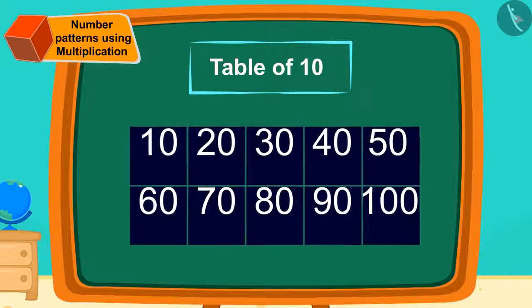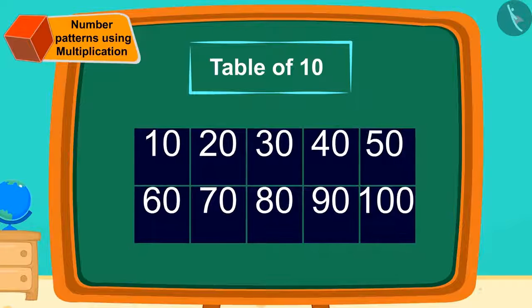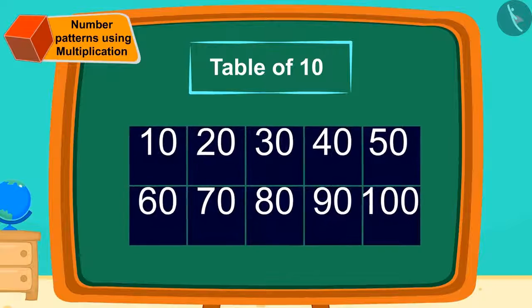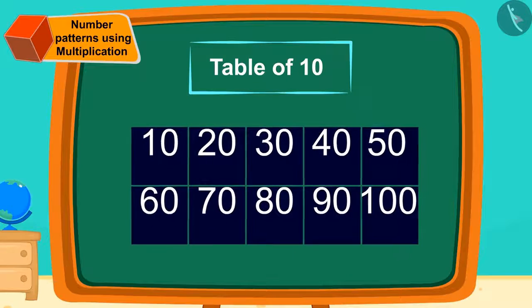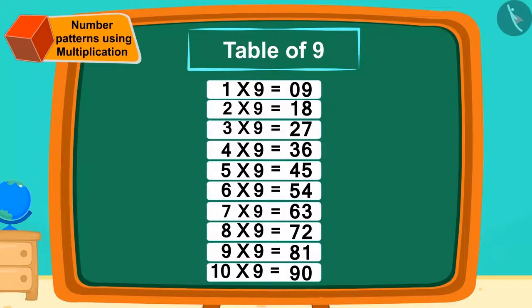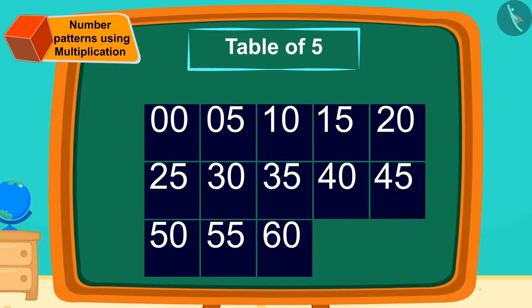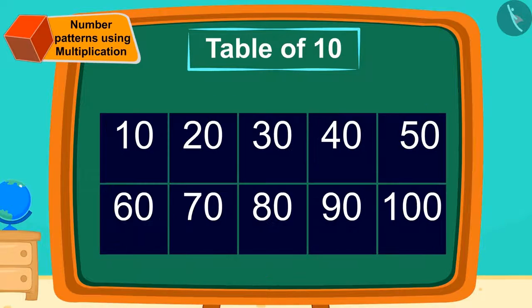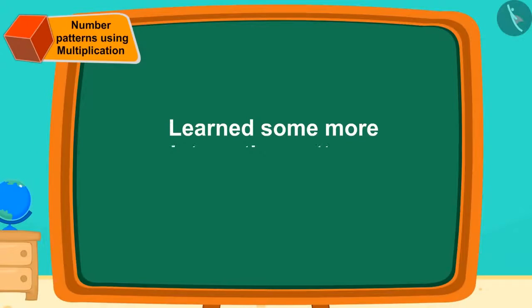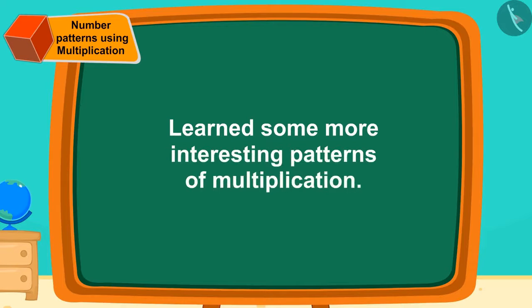What do you see here, children? Yes, our 10 table is ready. Children, now you can memorize the tables very quickly using these easy patterns. In this lesson, we learned some more interesting patterns of multiplication.